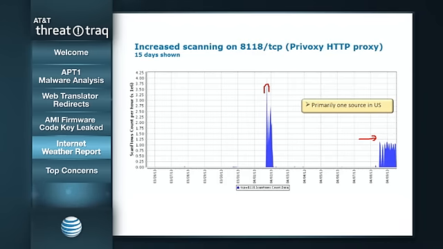So that's one to keep an eye on. If you have any services that are Internet-facing, listening on port 8118 TCP, keep an eye out for that, especially if you're running Privoxy. I don't know that that's what they're searching for, but I would venture to guess it's something HTTP-based that they're looking for there.